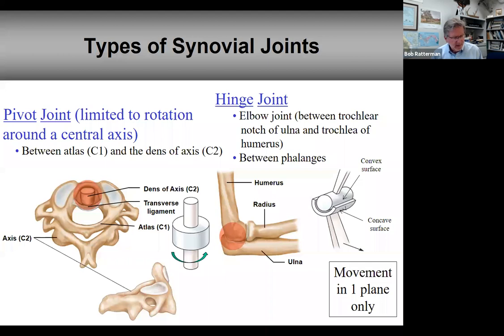So in the previous module, we talked about, again, the three structural types of joints: fibrous, cartilaginous, and synovial. And we described some examples of each of those. So again, we're shifting to the third and last type, synovial joints, most of which, again, allow free movement. So we use the term diarthrotic to describe that.